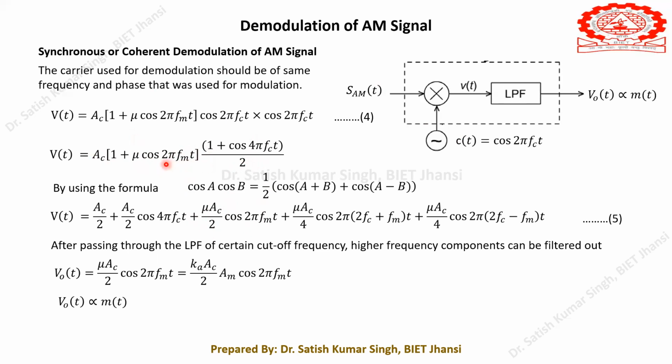After that, we will get this particular product term cos 2 pi fmt and cos 4 pi fct, and on that product term we have to use the cos A cos B formula. So ultimately we get this equation: Vt equals AC by 2, plus AC by 2 cos 4 pi fct, plus mu AC by 2 cos 2 pi fmt, plus mu AC by 4 cos 2 pi (2fc plus fm)t, plus mu AC by 4 cos 2 pi (2fc minus fm)t.